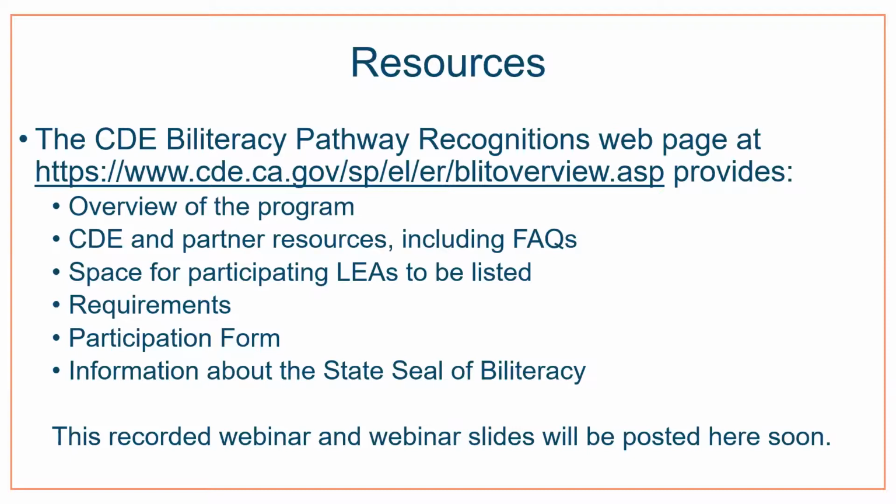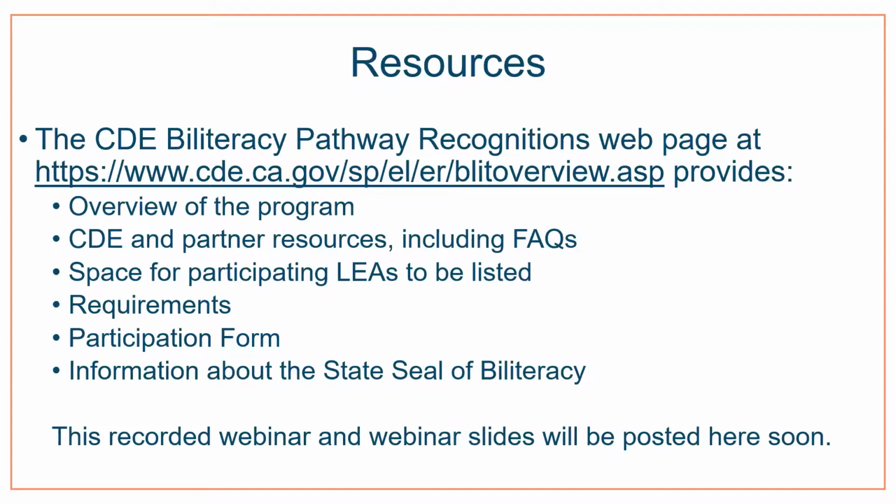This webpage contains an overview of the program, CDE and partner resources, including FAQs, a space for participating LEAs to be listed, and that'll be coming in fall 2022 once folks have submitted their participation forms for the 2021-22 school year, and we've had time to publish that data. The requirements for each recognition, a link to the participation form, again, that's coming soon, and information about the state seal of biliteracy. This recorded webinar and the webinar slides will be posted on this webpage soon.